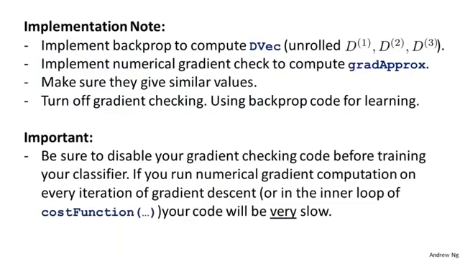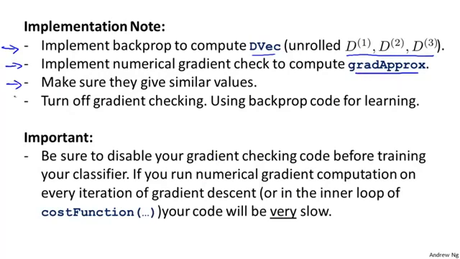Finally, I want to put everything together and tell you how to implement this numerical gradient checking. Here's what I usually do. First thing I do is implement backpropagation to compute dvec. So this is a procedure we talked about in the earlier video to compute dvec, which may be our unrolled version of these matrices. Then I implement numerical gradient checking to compute grad approx. So this was what I described earlier in this video in the previous slide.